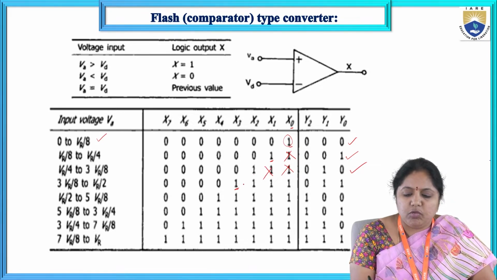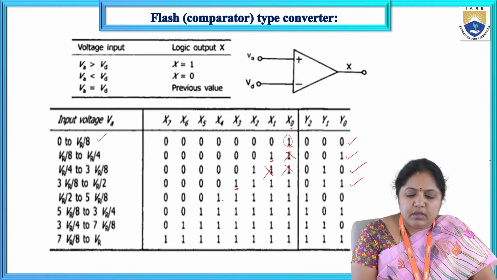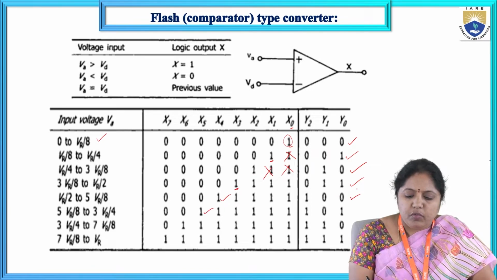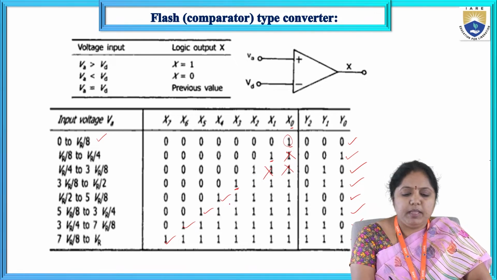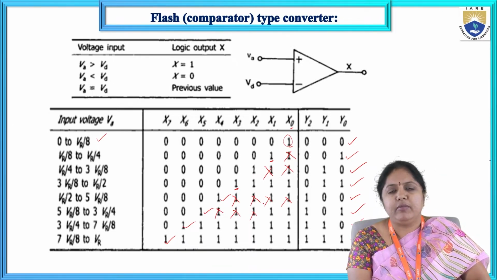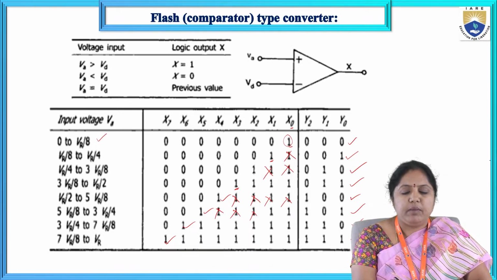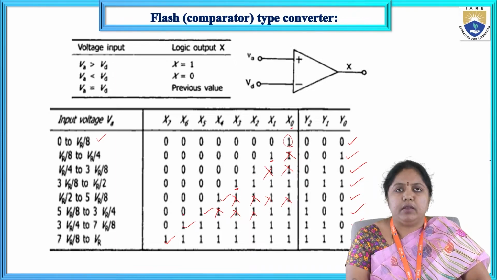Here X3 value equal to 1, then 3, 4, 5, 6, 7. So here this is the priority encoder. Whatever may be the values of the lower significant bits, you don't consider whether the value is 0 or 1, only the MSB bit value is converted.